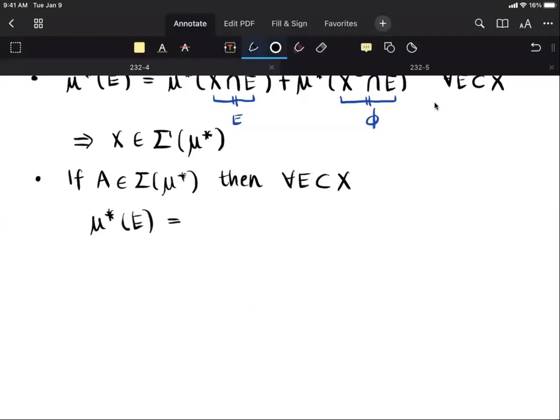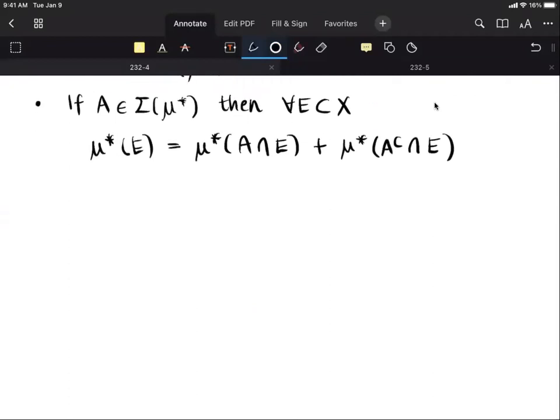So mu star of E is mu star of A intersection E plus mu star of A complement intersection E. What I will do is swap these terms and write the complement as this one.